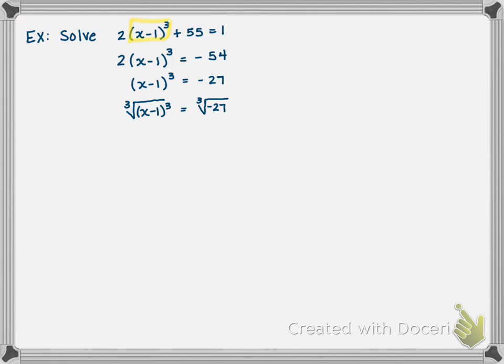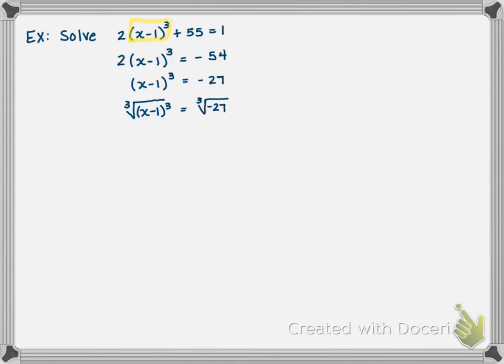Should I have a plus or minus here? No, right? Because remember, the plus or minus comes from the fact that squaring a negative and squaring a positive gives you the same thing. That's why every positive number has 2 square roots, because if I square 2 and I square negative 2, they both give me positive 4. But if I raise 2 to the third power, I get positive 8. And if I raise negative 2 to the third power, I get negative 8. So I don't get the same thing from both the positive and negative.